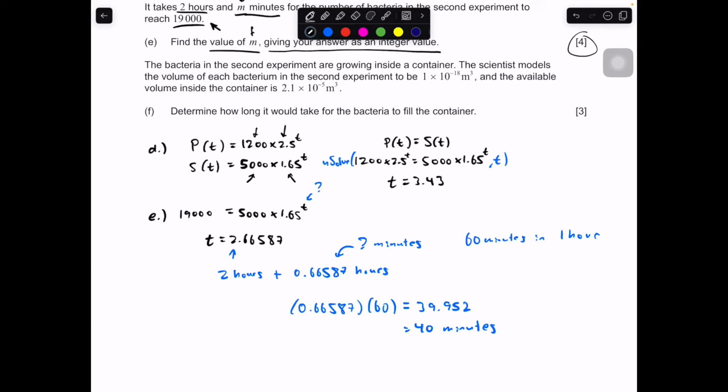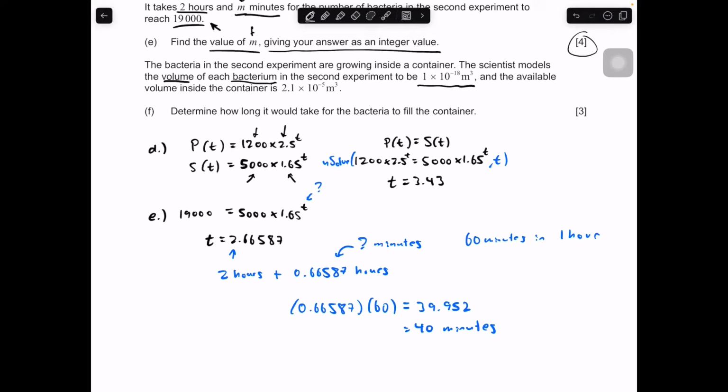I think this final question actually may be a little more challenging than that previous one, for fewer marks. Okay, final question of part 3. The bacteria in the second experiment are growing inside a container. The scientist models the volume of each bacterium, so a single bacterium, in the second experiment to be 1 times 10 to the negative 18 meters cubed.